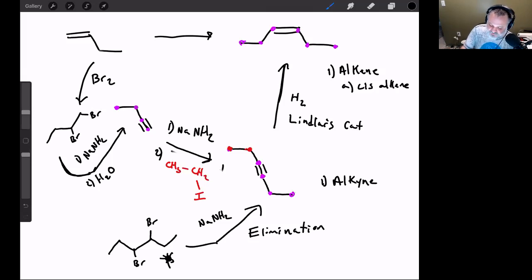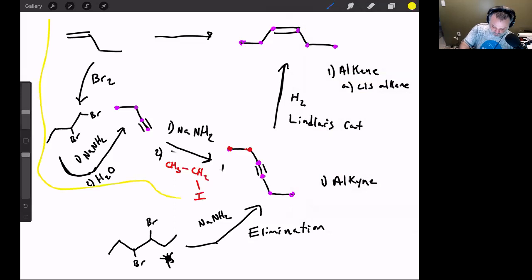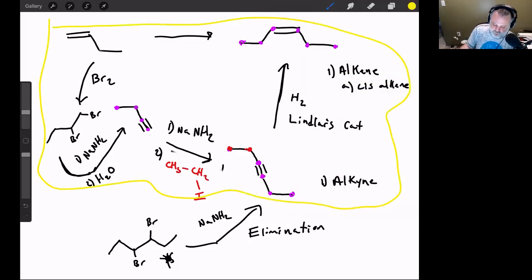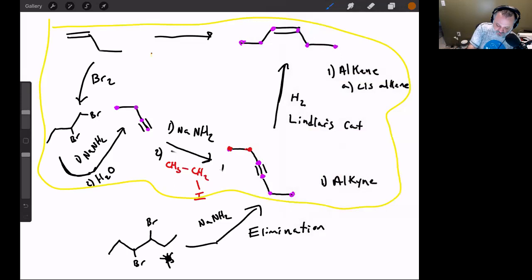So I've solved the synthesis. I've come up with one solution. And remember, there are multiple solutions most of the time. So if I were to put it all together in one single answer, I would say step 1, Br2. Step 2, sodium amide.